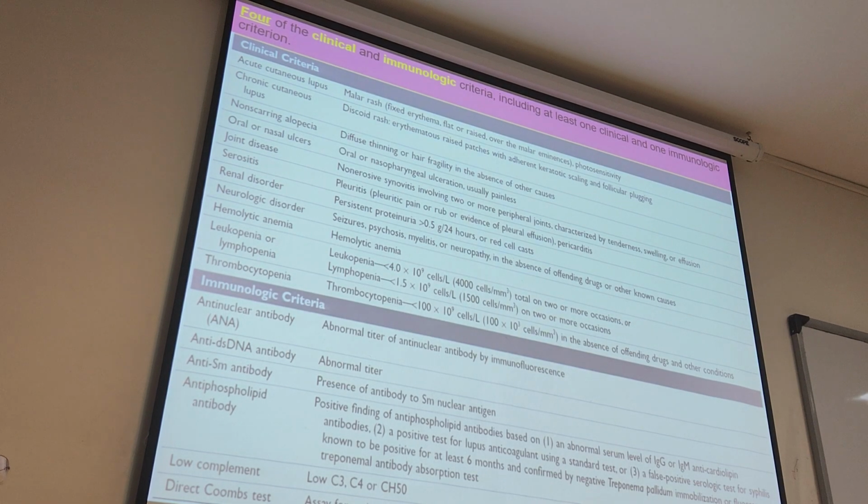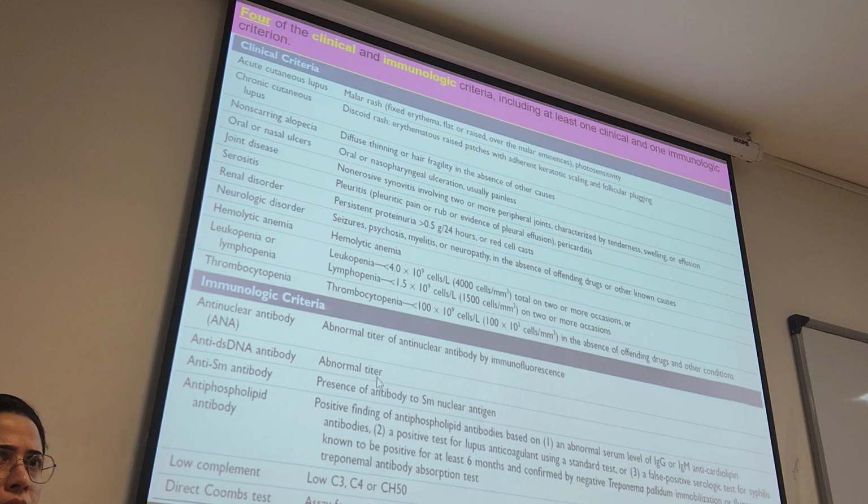So, anti-nuclear antibodies are sensitive but not that specific, but anti-Smith or anti-double strand DNA are more specific. You may also see antiphospholipid antibody, which you know what antiphospholipid antibodies are. Yes, you had it in the hemodynamic section.